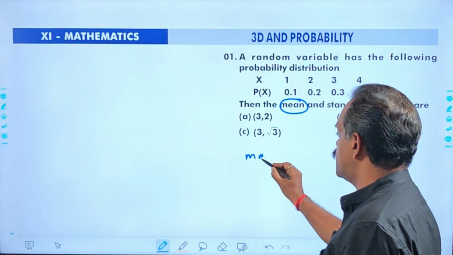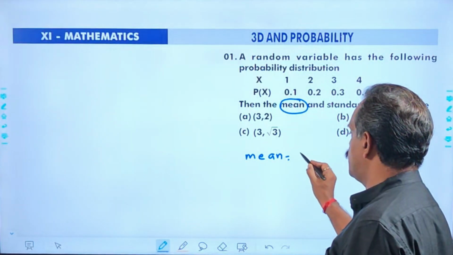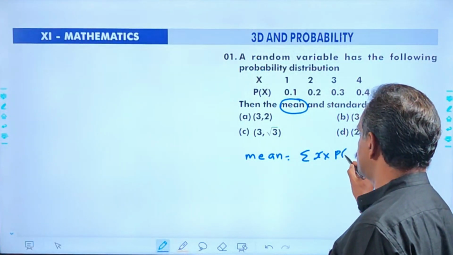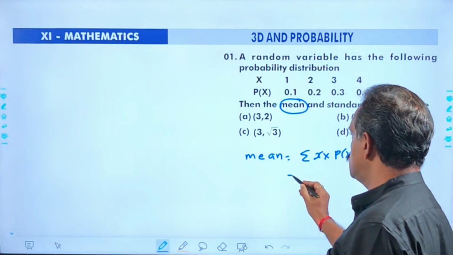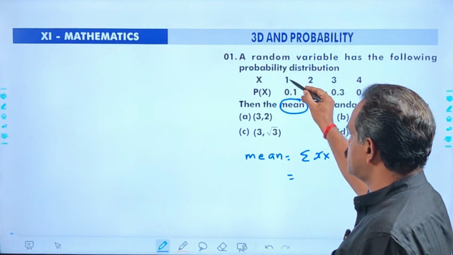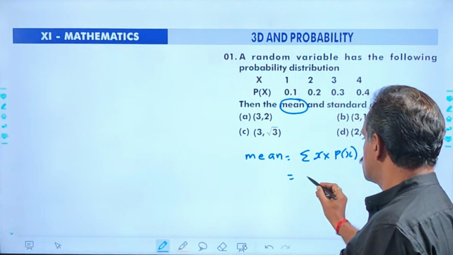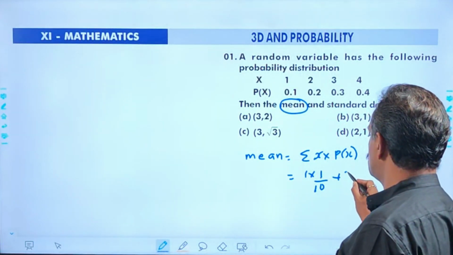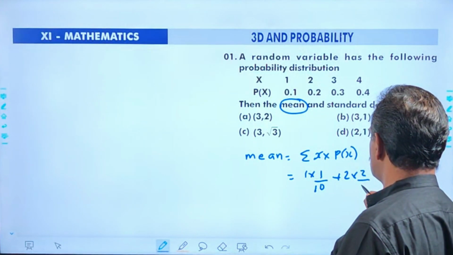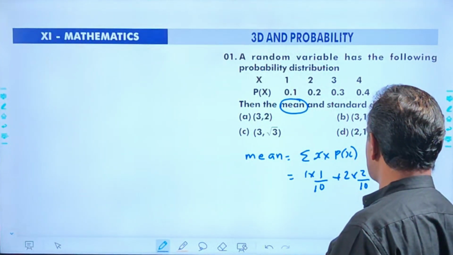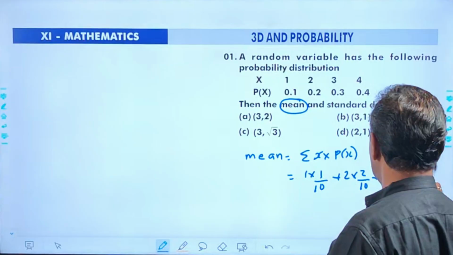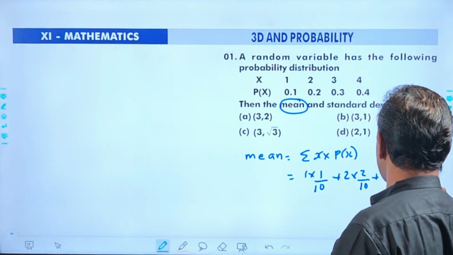Mean has the formula sigma x times p of x. That means you have to multiply every x with the p of x. So 1 times 0.1 is 1 by 10, plus 2 times 0.2 is 2 by 10, plus 3 times 0.3 is 3 by 10, plus 4 times 0.4 is 4 by 10.